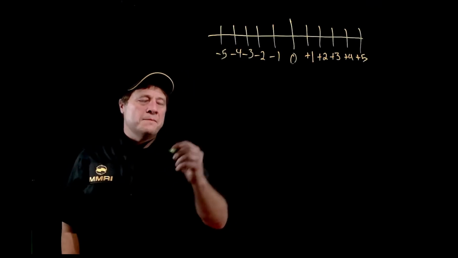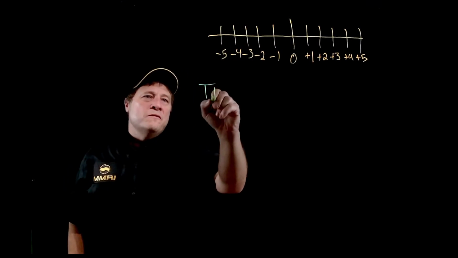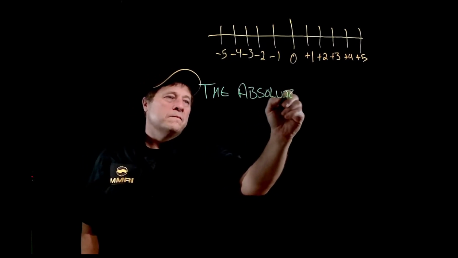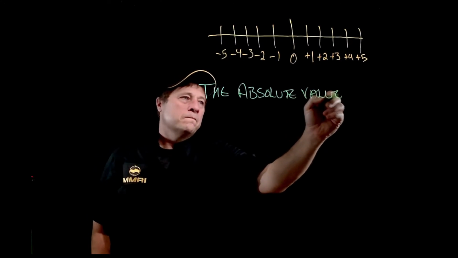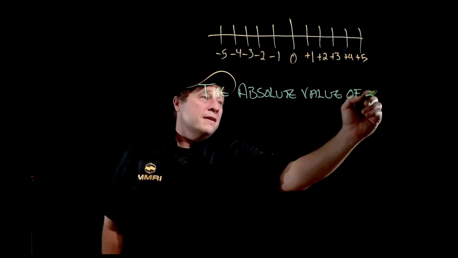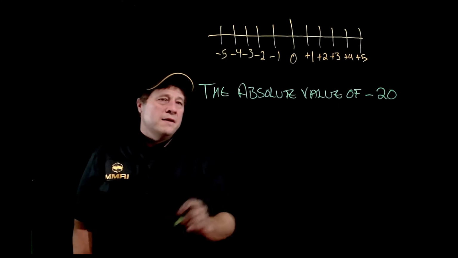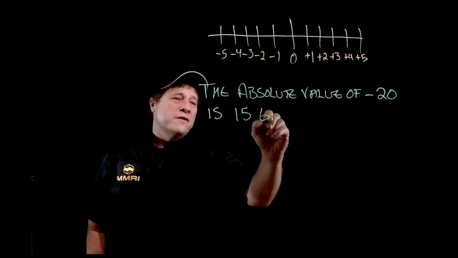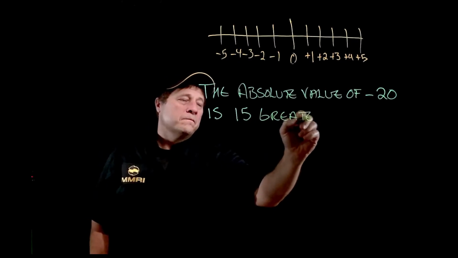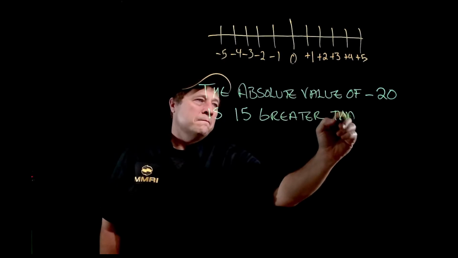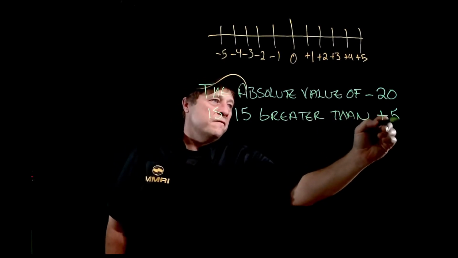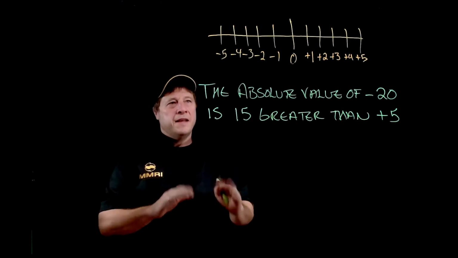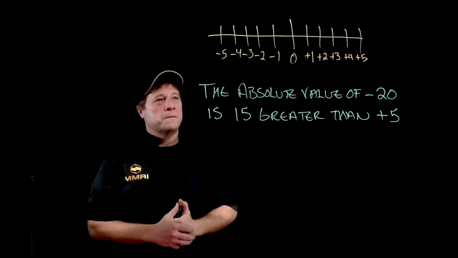So I could make a statement that the absolute value of negative 20 is 15 greater than positive 5. Okay? All right, so let's go back to the number scale for a moment.